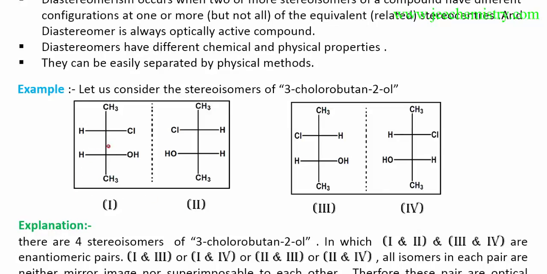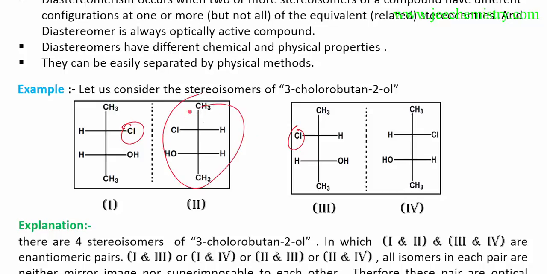Actually, the first and third are diastereomers, so the first and third will not be mirror images, as you can see. Cl is on this side and Cl is on this side, so the first and third are not mirror images.